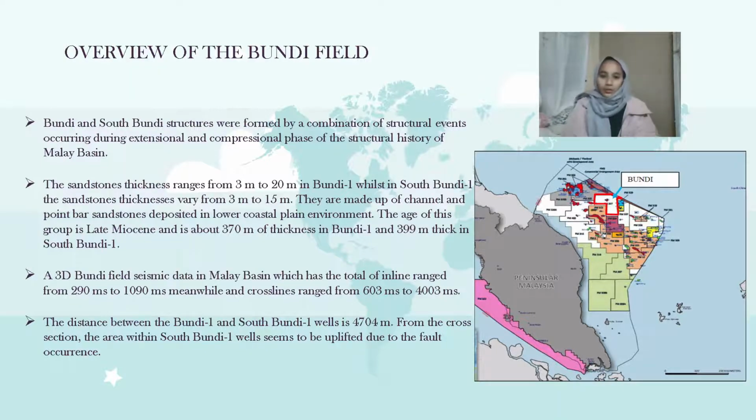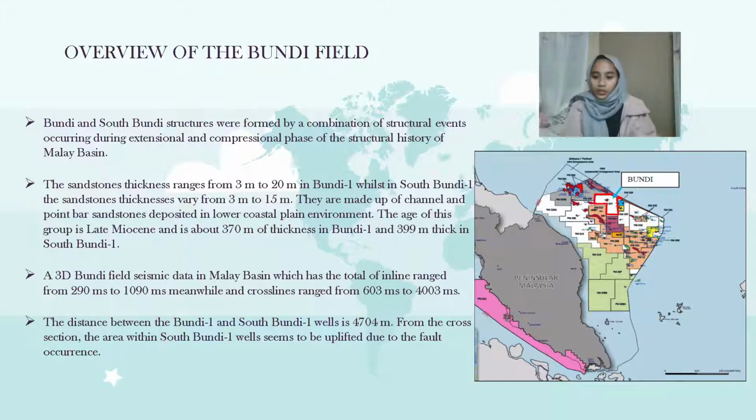They are made out of channels and point bar sandstone that are deposited in the lower coastal plain. The age of this group is late Miocene, with about 370 meters of thickness in Bundy, while South Bundy has a thickness of 399. The 3D Bundy field seismic data has a total inline range from 250 to 1090, while the crossline range is from 603 to 4003.